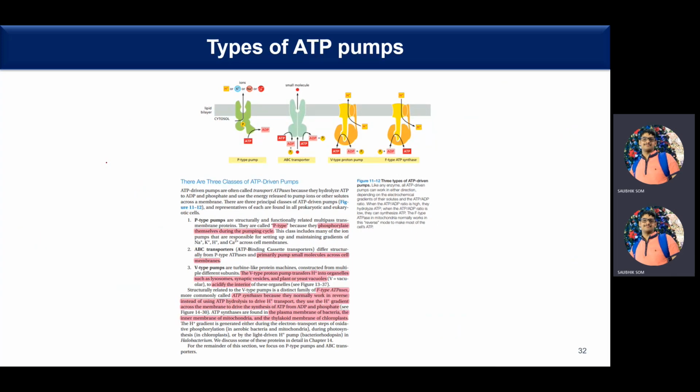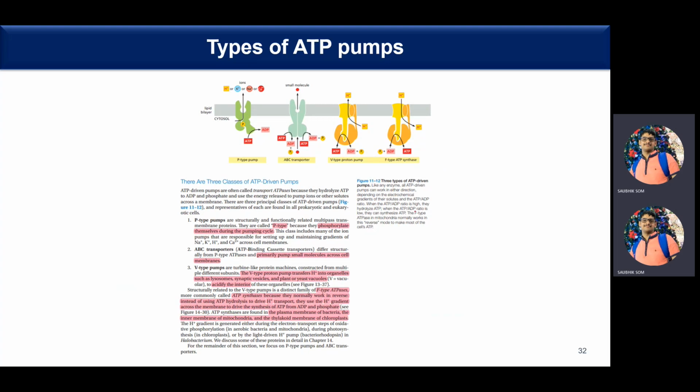Then there are several ATP pumps also. This has not been taught, but there is a question regarding ATP pumps. There are 4 types of pumps: P-type pumps, ABC transporters, V-type pumps, and F-type pumps. V-type pumps are proton pumps, and F-type pumps are ATP synthesis pumps.